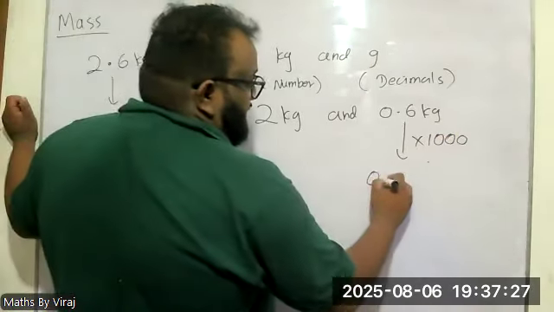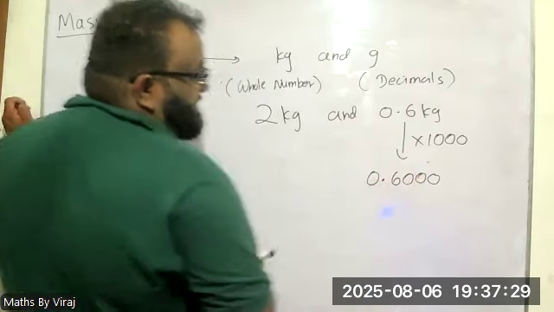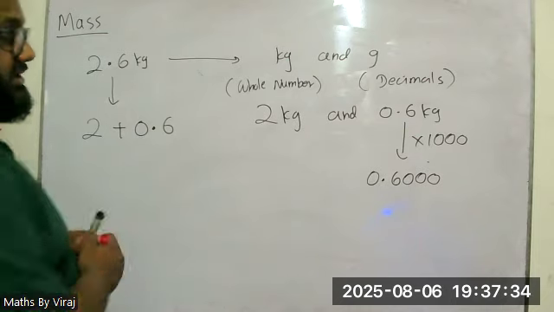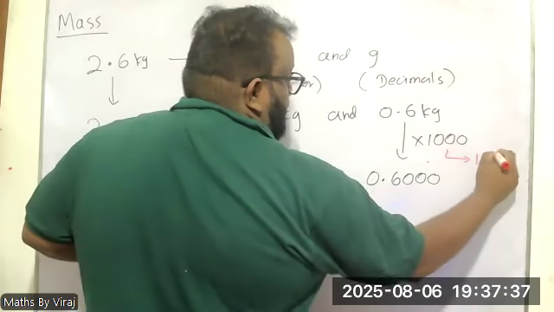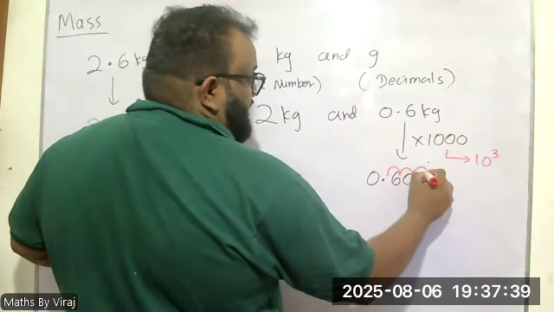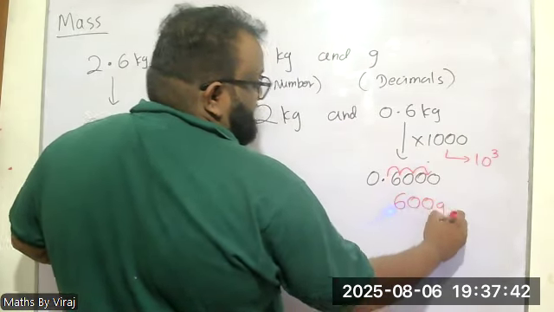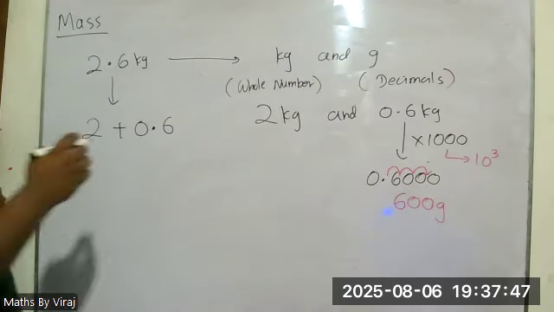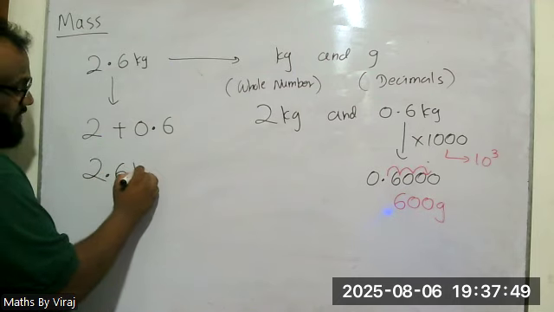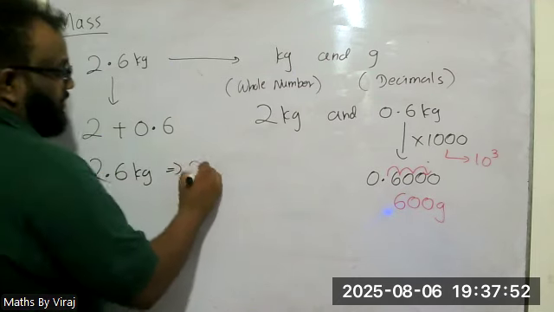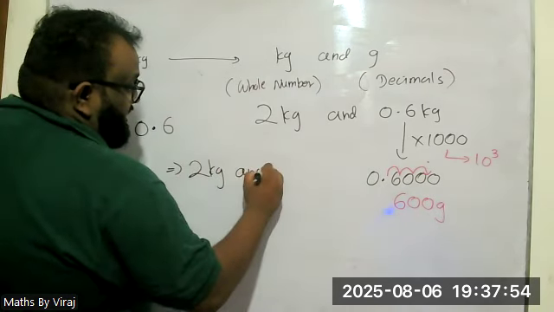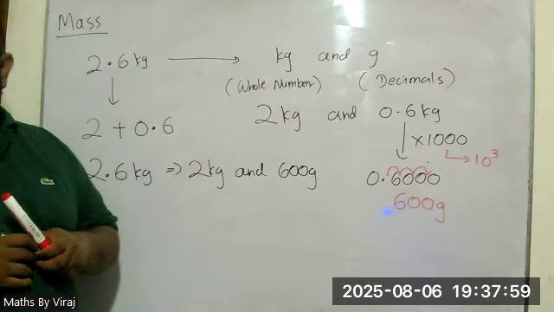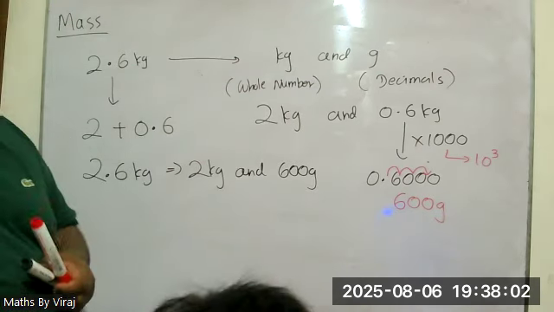It is multiplication and it is 1000, therefore this should move 3 times to the right, which gives us 600 grams. Therefore, 2.6 kilograms can be written as 2 kilograms and 600 grams. Did I make myself clear? Yes, sir. Take this down.